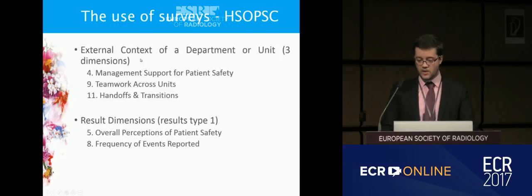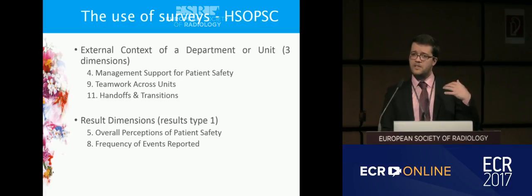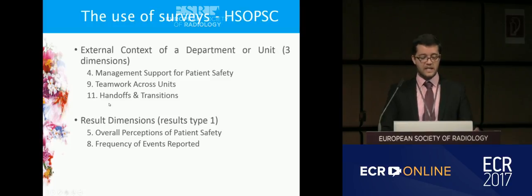It has the external context of the department or unit with 3 dimensions: the management support for patient safety, so this is at the organizational level, not at the department level, and the teamwork across units, because of course we receive patients from other units to our department, so this must also be assessed, and the handoffs and transitions, if they have, for example, protected time.